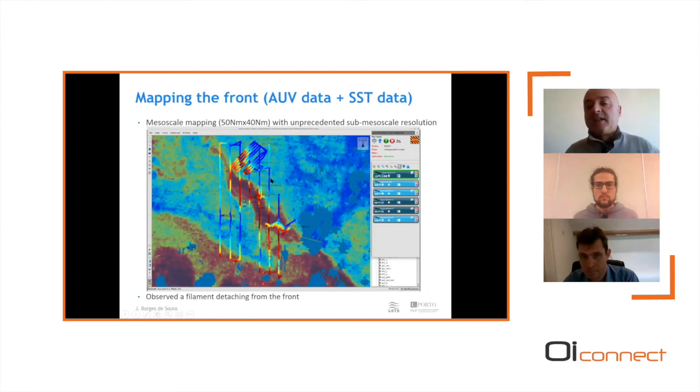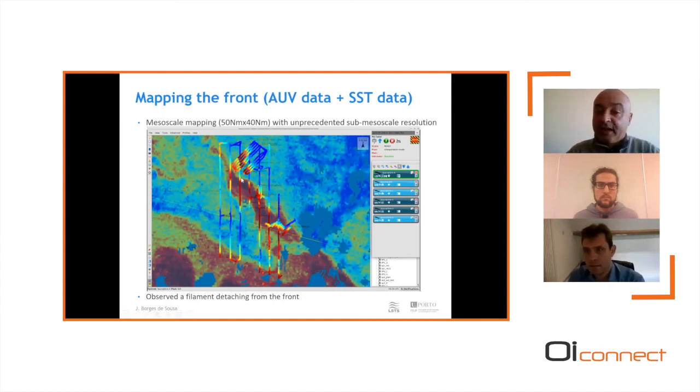And this is also another important lesson from the cruise, which is combining lots of different assets: putting assets in the water, for example here, leaving them there, and then moving south with the Falkor, which can move much faster, so that you can get a better understanding of what was going on there.